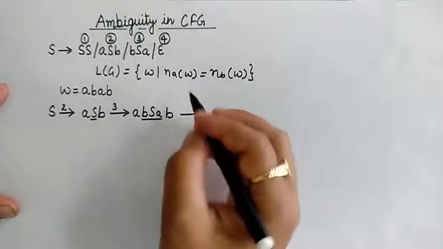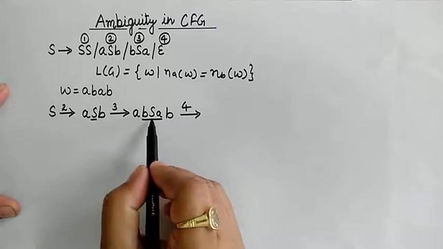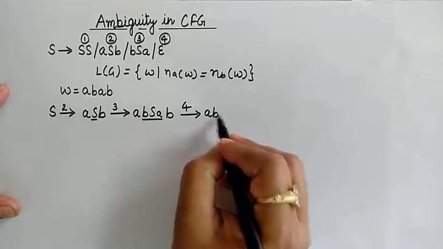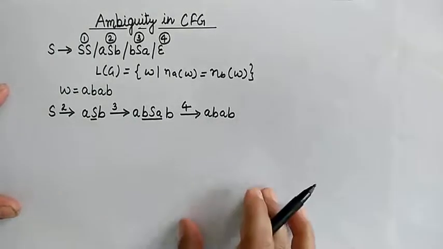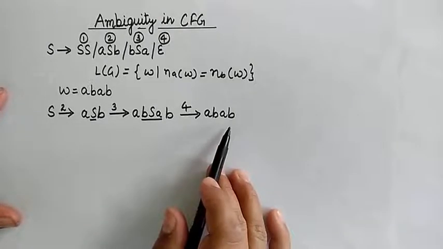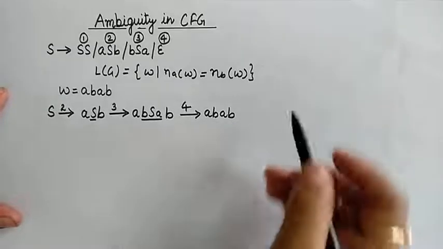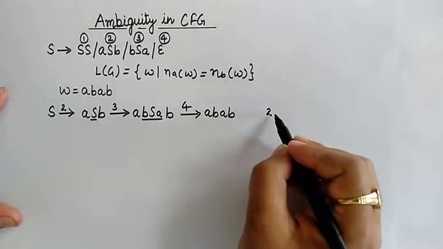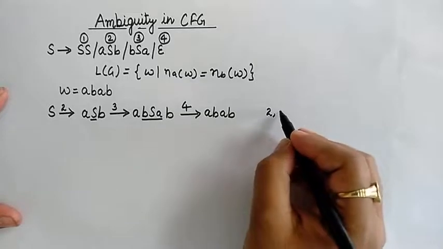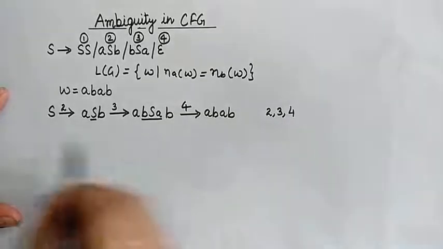Then by using production number 4, S → epsilon, we will place null here and I will get the desired string. So you can say this is the leftmost derivation for this string. The sequence is production number 2, then production number 3, then production number 4.